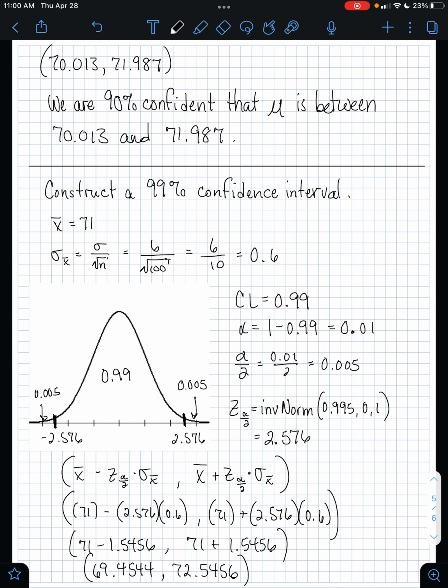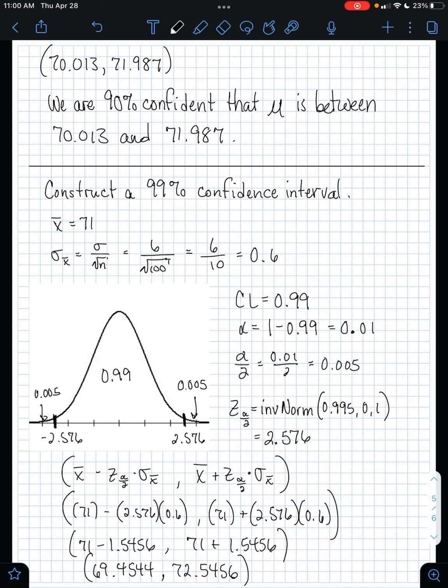But not significantly larger. And that's something to realize too, that with a 90% confidence level, we're between basically 70 and 72. Now we're kind of in between 69.5 and 72.5. It's not that much bigger of an interval to get more confident.